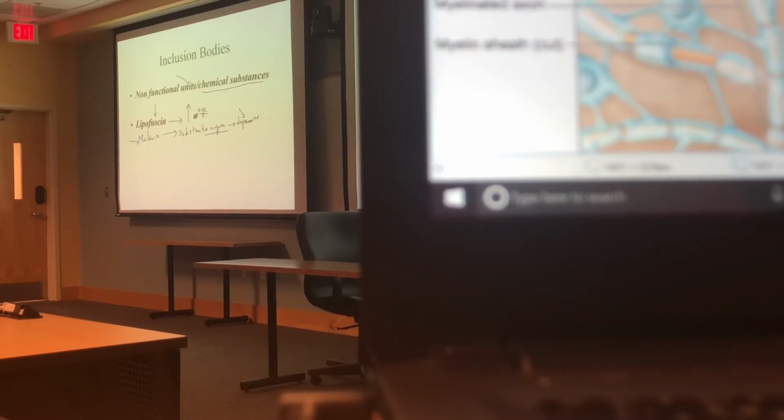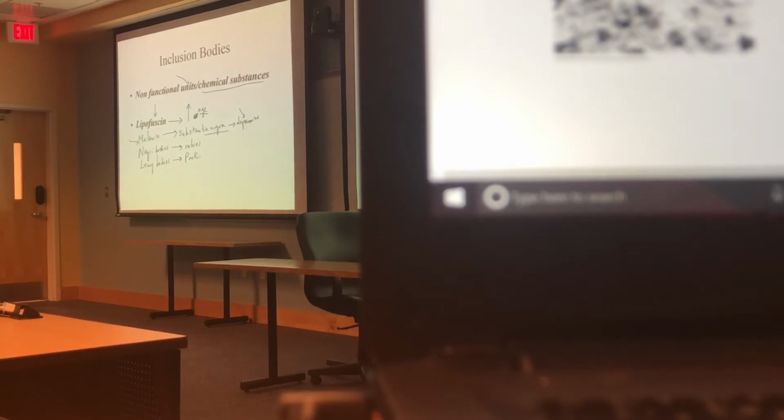All right, what else? You have what's known as Negri bodies. This is a telltale sign of a person that got infected with rabies. What's the other one? Lewy bodies. This is indicative of a person that has Parkinson's. If you find Lewy bodies in a person's neurons, most likely they have Parkinson's.